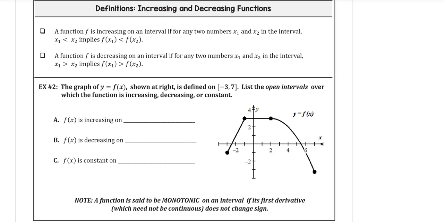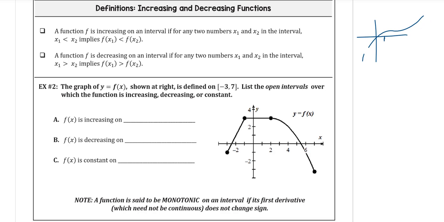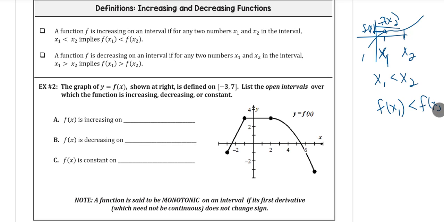Okay, so simply speaking, on any graph, if we have an x1 here, and we have an f of x1, and then we have an x2, and then we have an f of x2, and if x1 is less than x2 and f of x1 is less than f of x2, then we can say that the function is increasing on that interval.